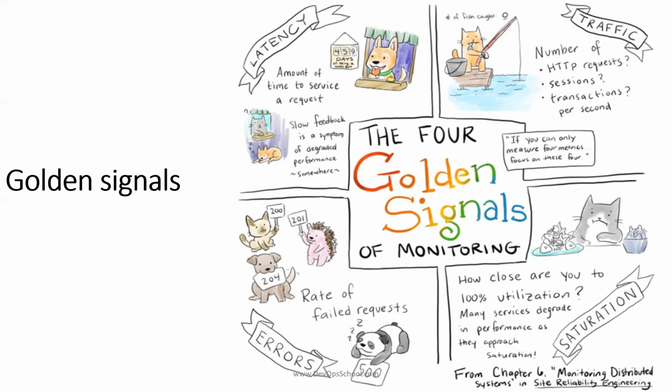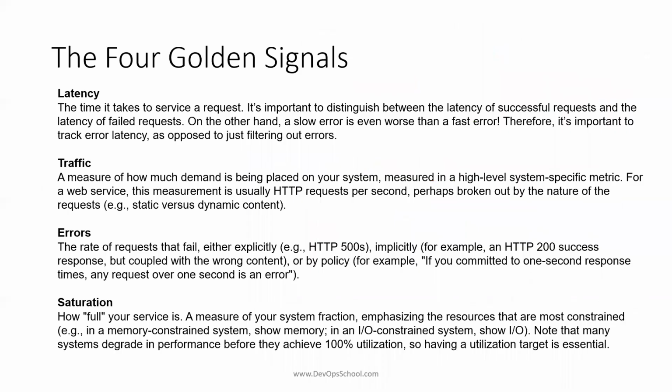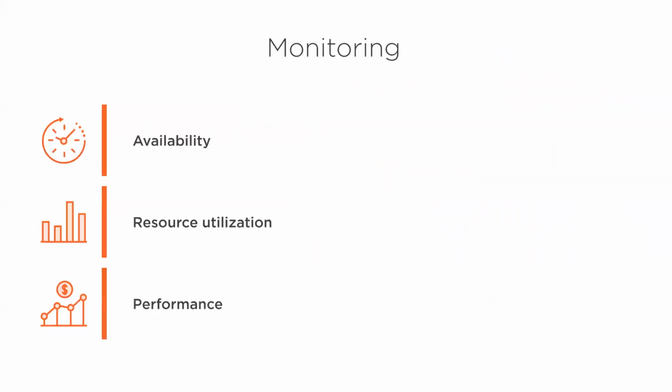Golden signals means we need to get system latency, traffic details, saturation, and errors. So these are the four golden signals of monitoring which we try to gather, and through these sessions we'll try to gather this too. Okay, so latency, traffic, error, saturation.